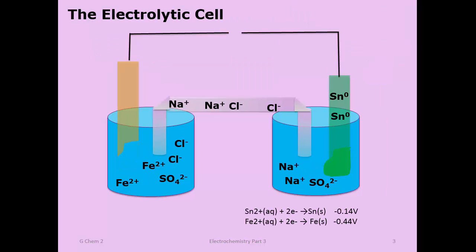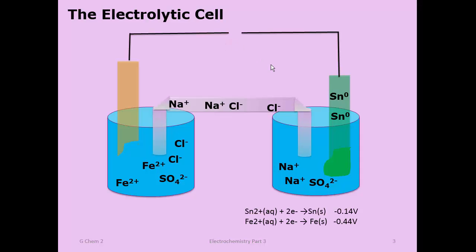Now, comparison-wise, we're going to take that exact same cell and we're going to run it in reverse. So in order for that to happen, it won't happen spontaneously. If I connect that circuit up there, nothing's going to happen because we've already shown that we've consumed the free energy.